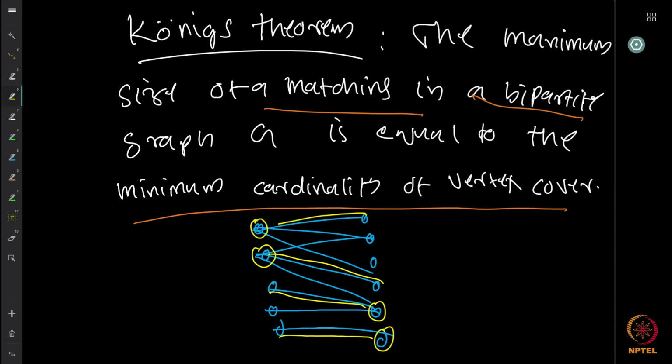Now, one direction you can immediately see, and we have to prove the other direction also. So Konig's theorem we are going to prove using Menger's theorem. Of course, you can prove Konig's theorem without using Menger's theorem, but let us try to apply Menger's theorem to prove that the maximum size of a matching is equal to the minimum cardinality of a vertex cover.